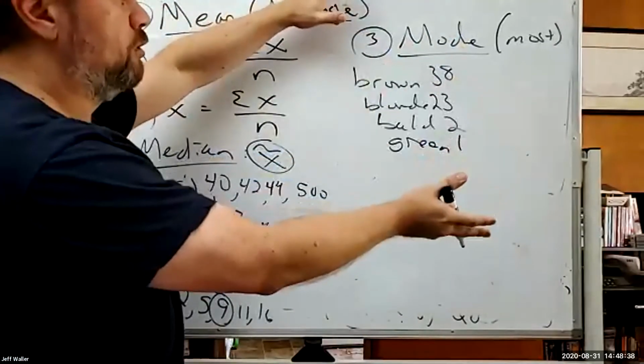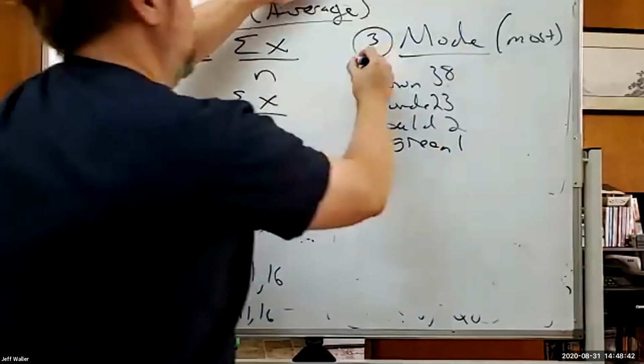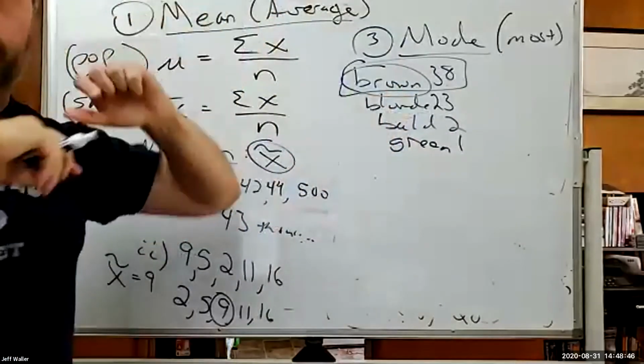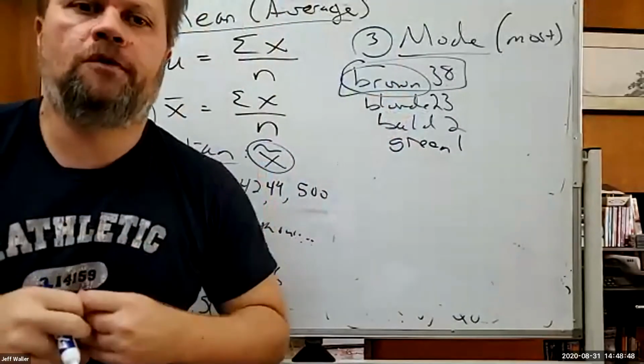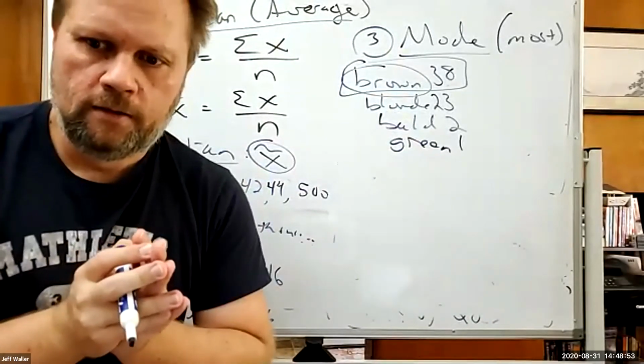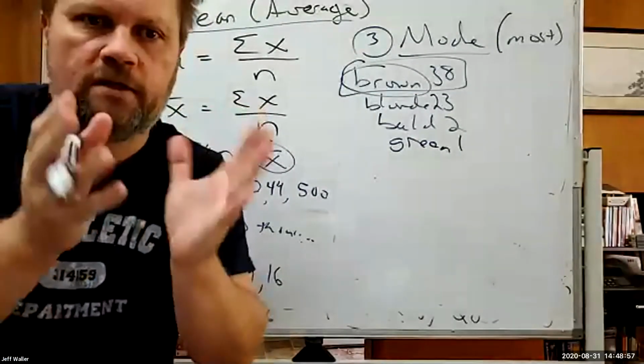What's the modal class? What's the one that occurs the most? Brown. So that is a way to use measure of center for non-numerical data. It's just the class that occurs the most.